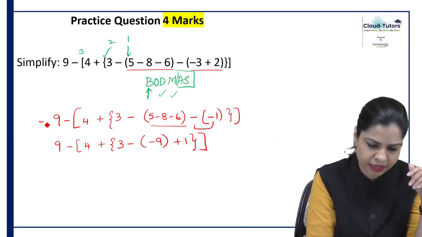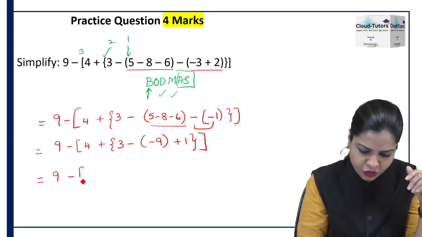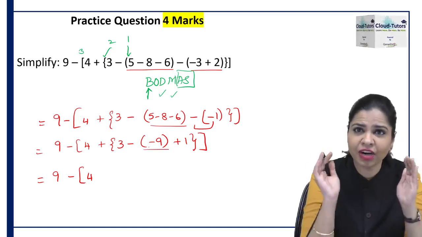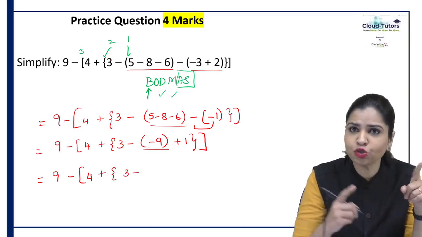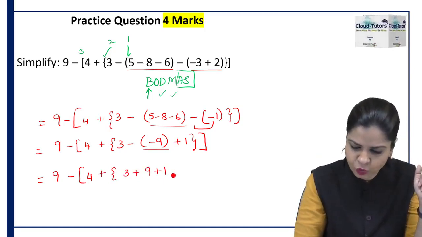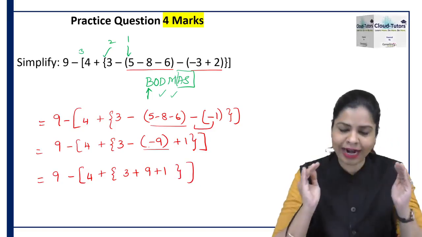Okay, closing. Then this and next. 9 minus 4. Now again we still have a round bracket sitting there. Plus 3 minus into minus is plus 9. So plus 9 plus 1. Now we have removed the round brackets.